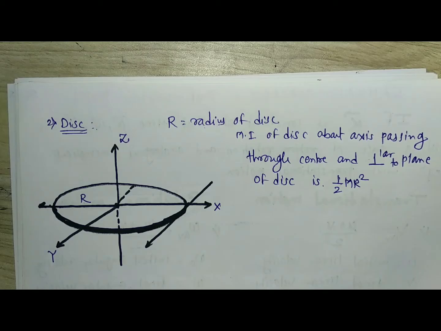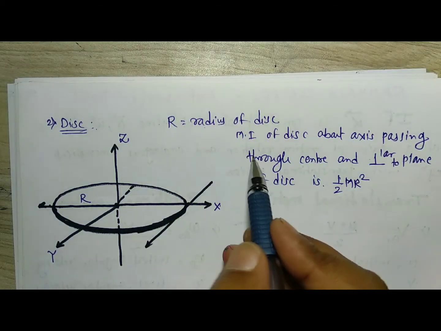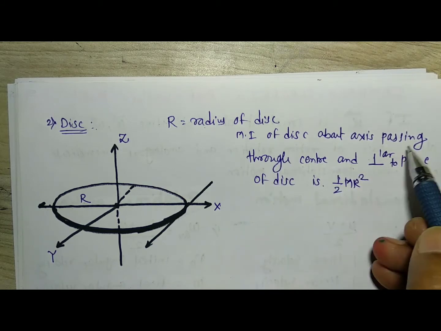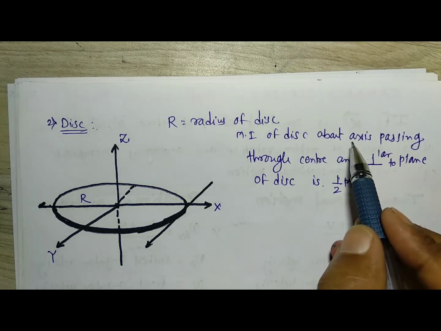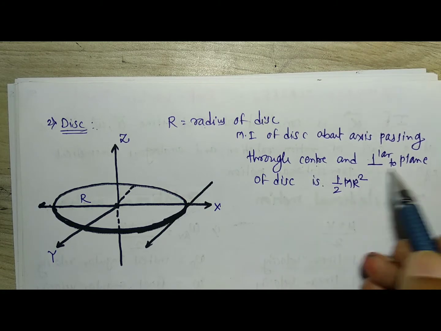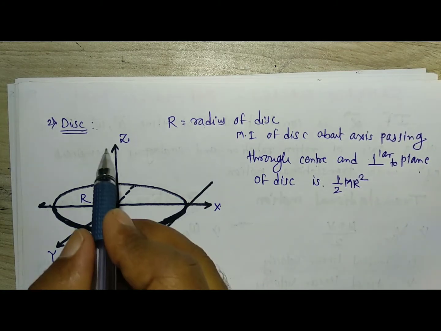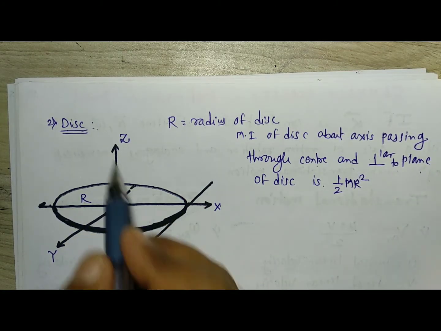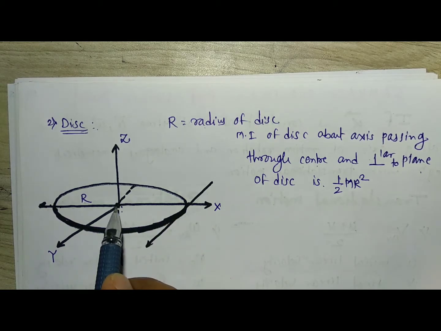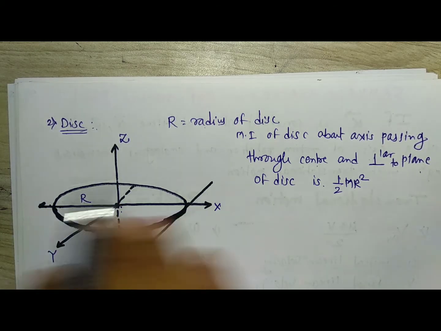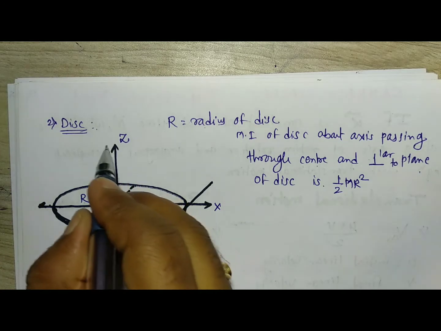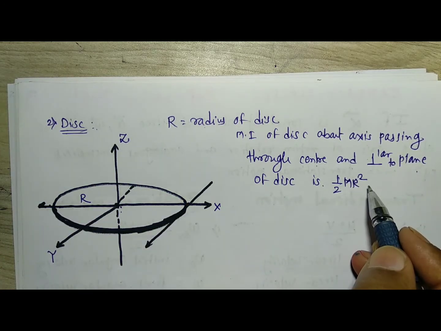Now inside the disk, R be the radius of disk, and we know that the moment of inertia of a disk about axis passing through center and perpendicular to plane, that means the axis is the z axis. This is the axis passing through center of disk and perpendicular to the plane of disk. At that time you will get the moment of inertia as 1/2 MR square.